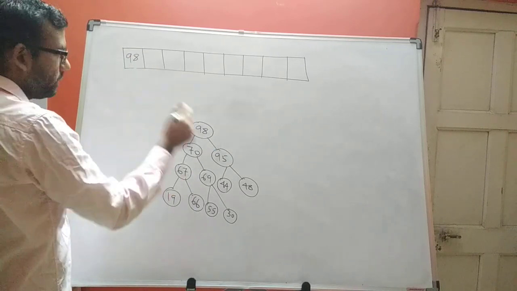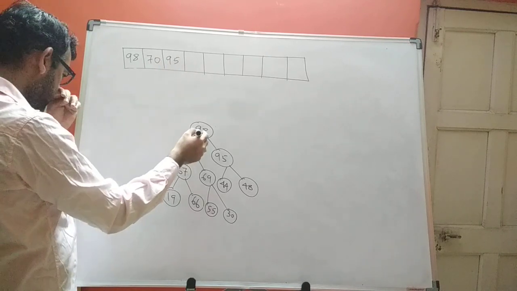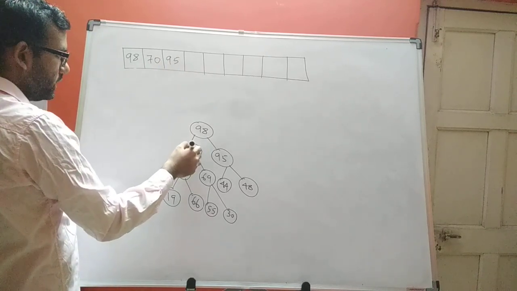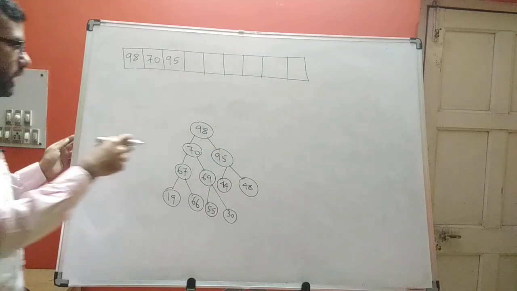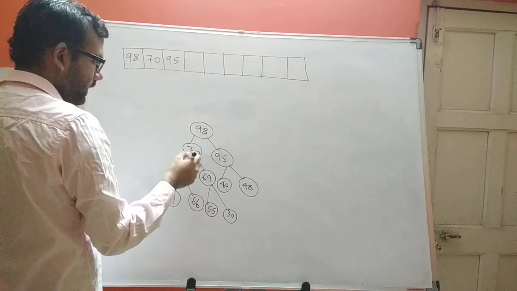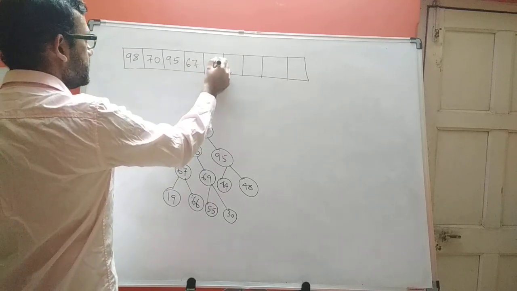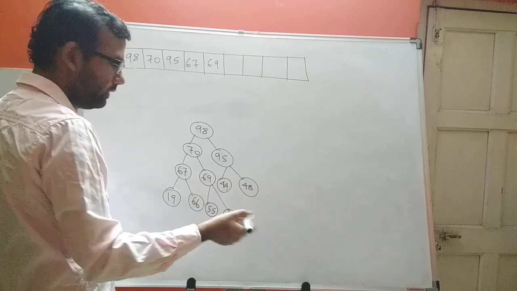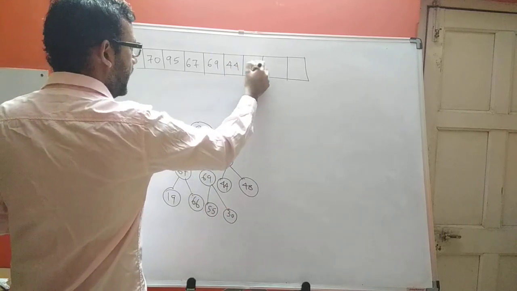So 98 followed by 70 and 95. See, 98, first you would insert the left child of 98, which is 70, and then you would insert the right child of 98, which is 95. Then you would insert 67 followed by 69. You can apply the formulas and verify, okay? Then you would go for 44 and then 48.